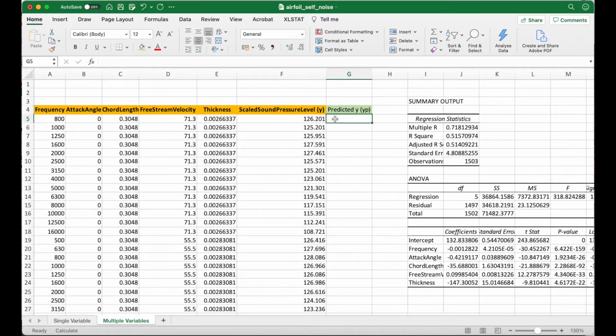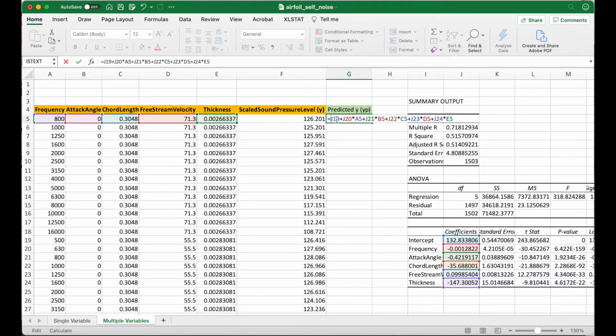So this is equal to the intercept plus beta 1 into frequency plus beta 2 into attack angle plus beta 3 into chord length plus beta 4 into free stream velocity plus beta 5 into thickness.